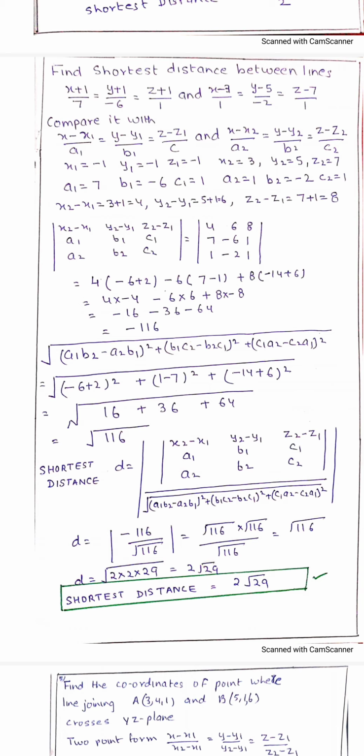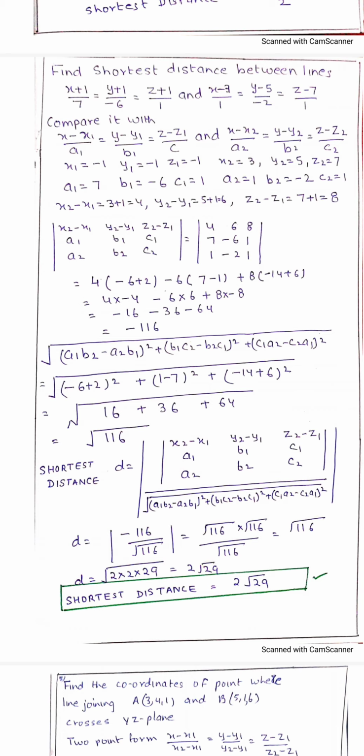First of all, we recognize x1 is -1, y1 is -1, z1 is -1, a1 is 7, b1 is -6, c1 is 1, comparing with the first equation. Then x2 is 3, y2 is 5, z2 is 7, a2 is 1, b2 is -2 and c2 is 1, comparing with the second equation of the line.